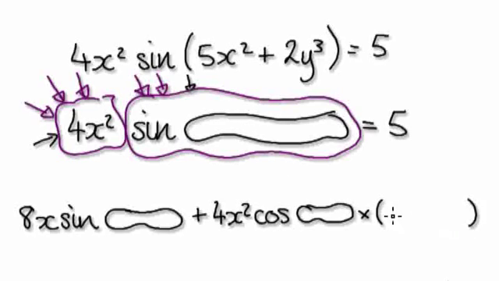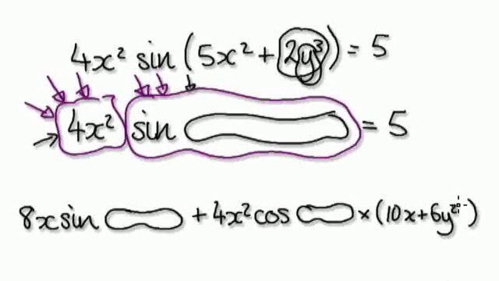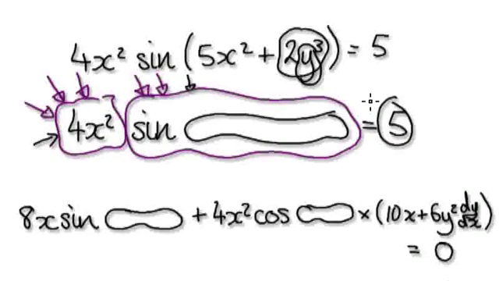So that will be 10x, and then plus 6y squared. Remember this bit here. And then we've got to differentiate the y itself, which will be 1 times dy by dx. Okay, and then this 5 equals 0, because we've got to differentiate the 5 here.